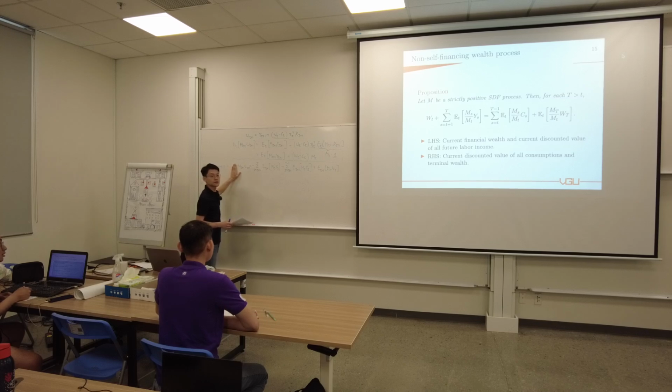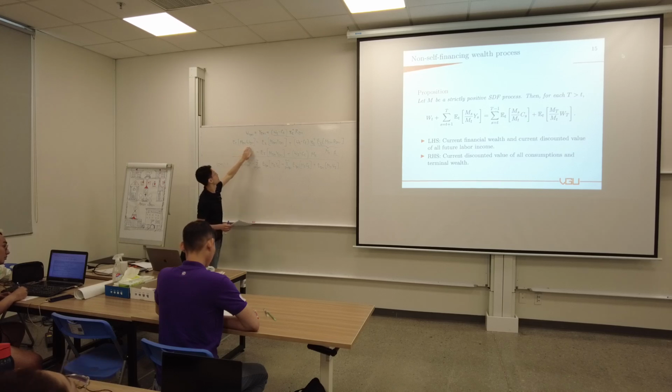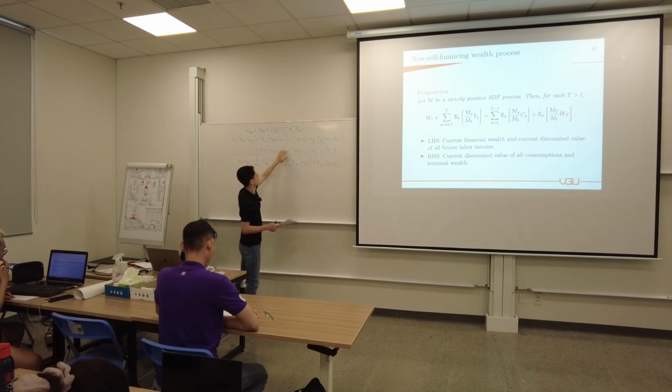Then on the left hand side we will have conditional expectation of m tau plus 1, W tau plus 1, and we have conditional expectation m tau plus 1, W tau plus 1 here. So after we take conditional expectation, we can just equate these two equations.